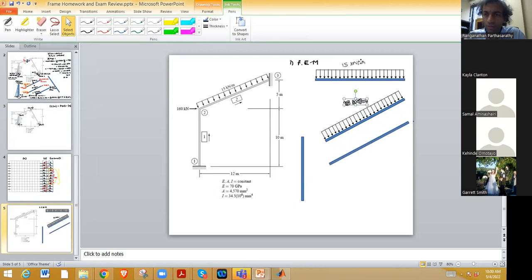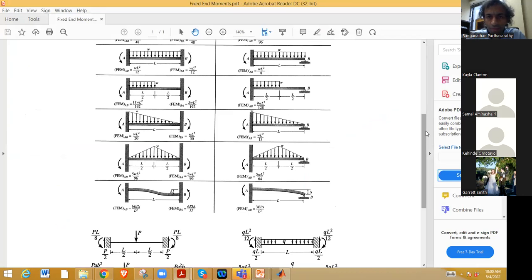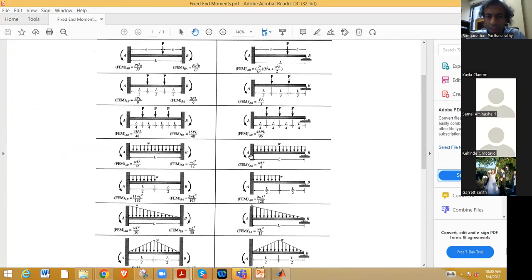This is applied like this, so we don't need to break it up. So what are your end reactions and your fixed end moments? This is WL squared by 12, if you remember. Those are the fixed end moments. You remember WL squared by 12, right?